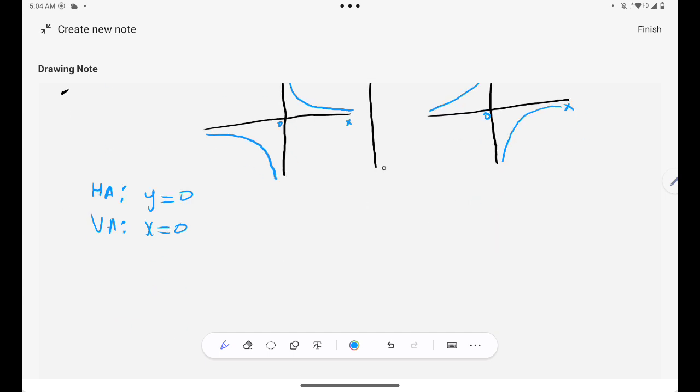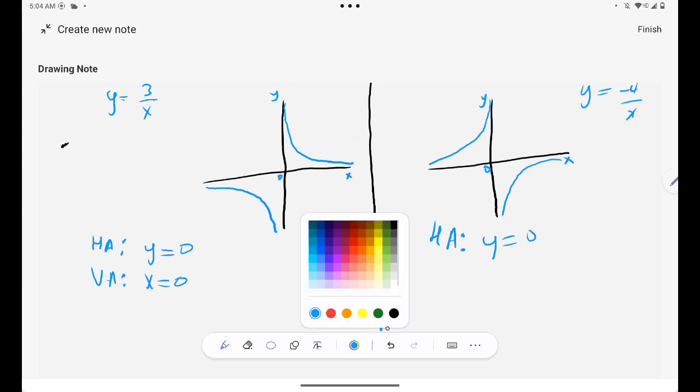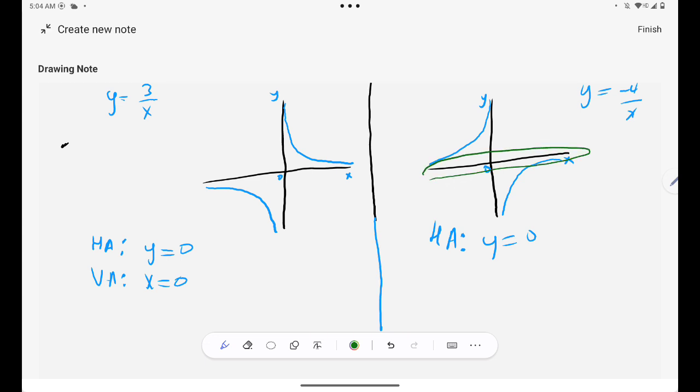So same thing applies here. Your horizontal asymptote is the line y equal to 0. This is a horizontal asymptote. Let me highlight it in green. Horizontal asymptote is in green. And then the vertical asymptote, let me highlight it in red. Are you together? This is the vertical asymptote.